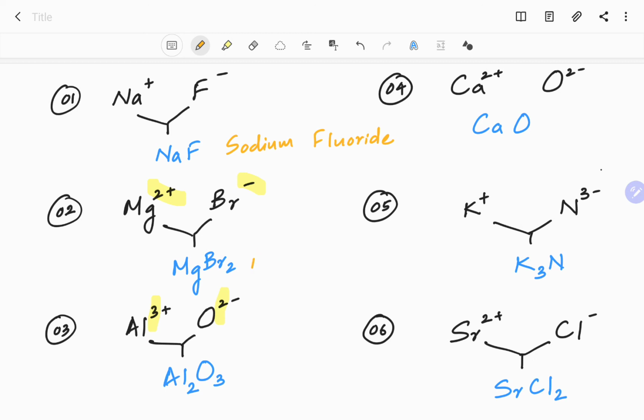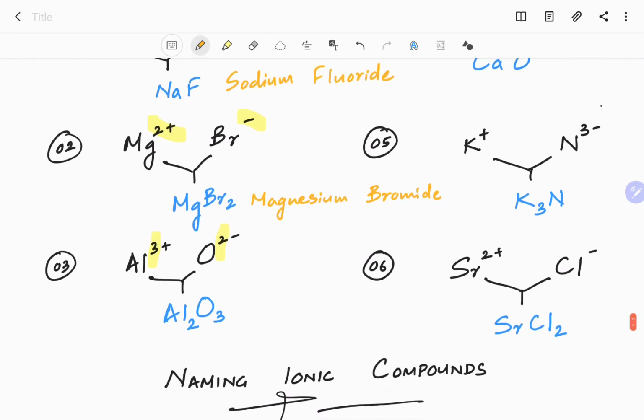The metal cation name is magnesium, then bromide. The third one is aluminium oxide.